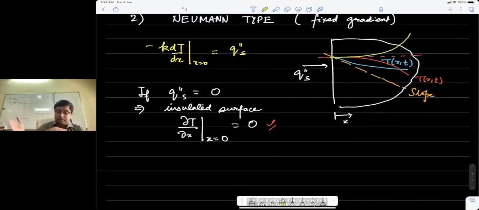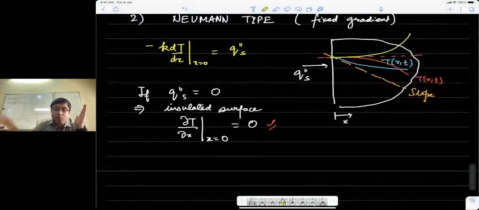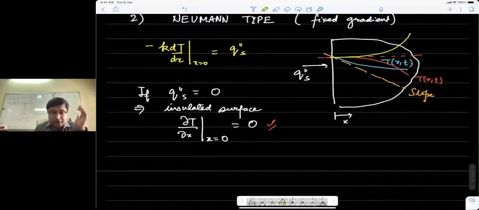If the other end is at a higher temperature, then the green curve is what you should expect. But if the other end is where heat is being removed from the system, then the temperature will be going down, and you should see the slope coming in that fashion.